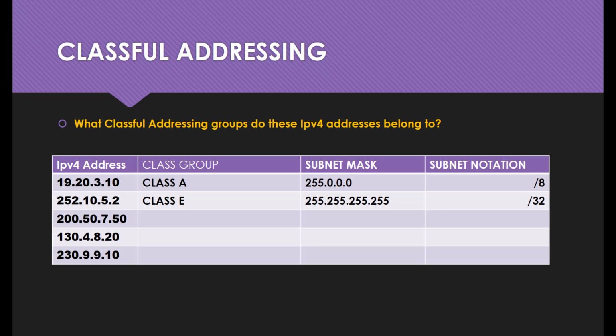So this is a class C address, classful address, and we can see that here, class C, and we can see the subnet notation /24, which identifies that.